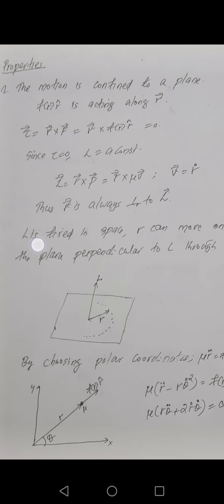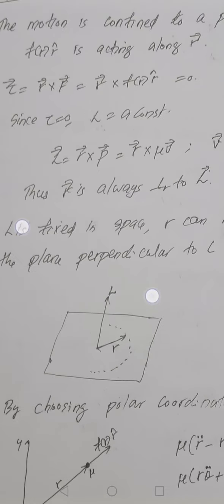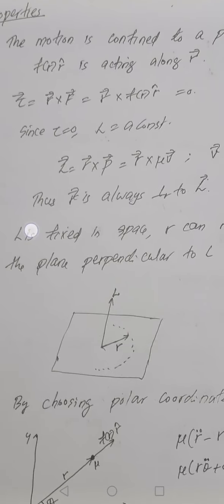Okay, if you calculate the torque, tau is equal to r cross F, the moment of force. Therefore, F is replaced by F of r times r cap. So r and r cap are in the same direction.